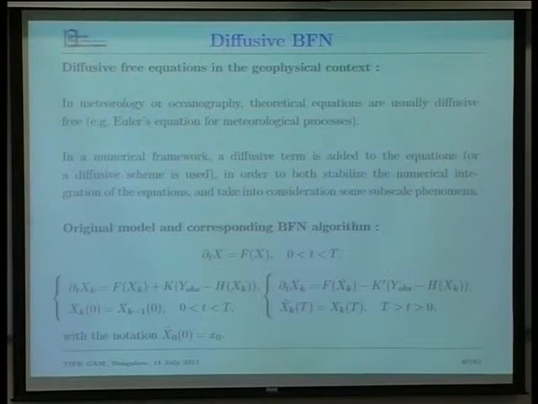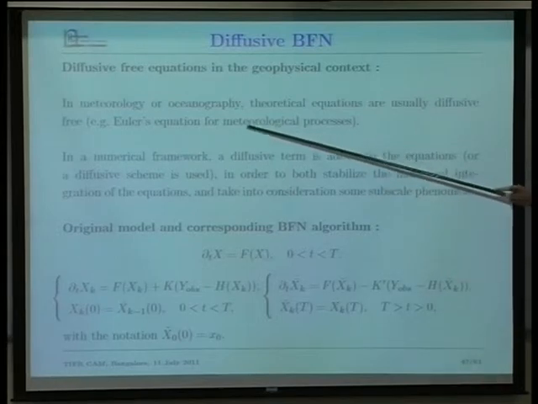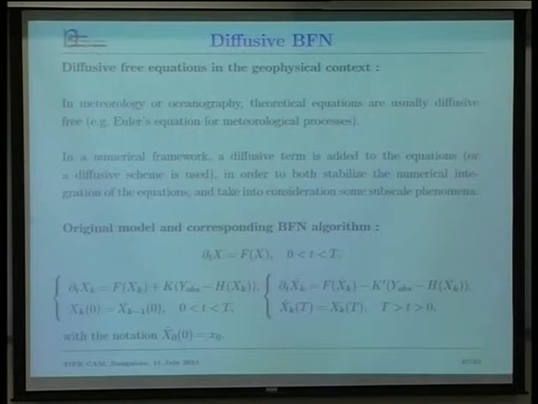So the idea is that we have discussed with geophysicists, and theoretically the equations are diffusive free. For instance, in weather forecast, at least in Meteo France, they use Euler's equation and not Navier-Stokes. So there is no diffusion.